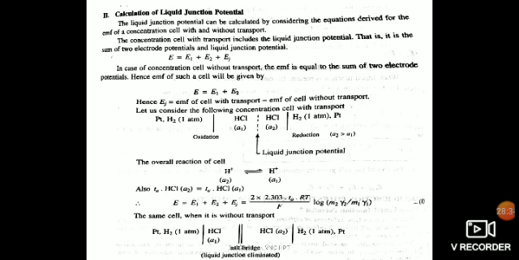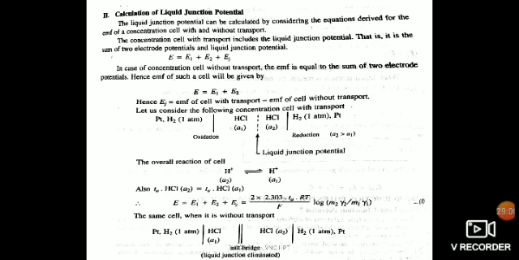So, E is equal to E1 plus E2 plus Ej. In the case of a concentration cell without transport, the EMF is equal to the sum of the two electrode potentials. Hence, the EMF of such a cell will be given by E is equal to E1 plus E2. Here, there is no liquid junction potential, therefore there is no Ej. Hence, Ej is equal to the EMF of the cell with transport minus the EMF of the cell without transport.